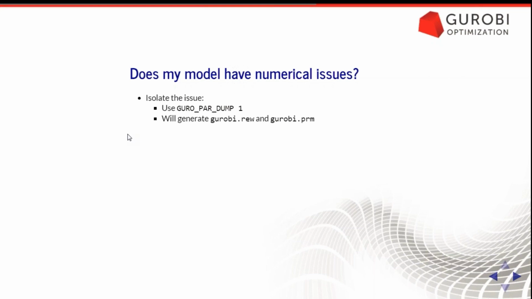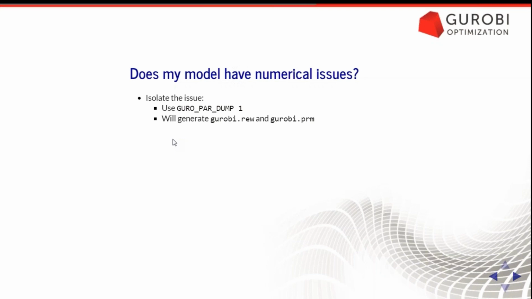If you do that just before calling optimize, then optimize will generate two files. One is called gurobi.rew and the other is gurobi.prm. The first one is an anonymized version of your model, and the second one is the set of all the non-default option values that you're using just when you enter the optimization call.